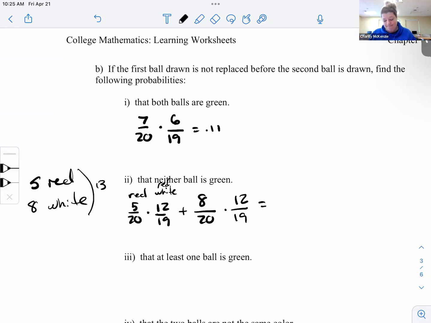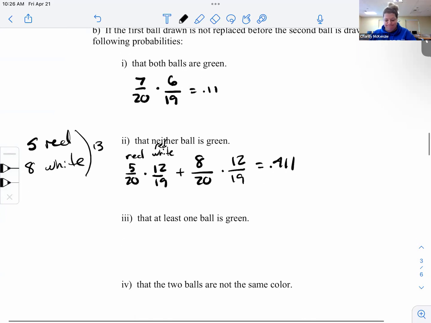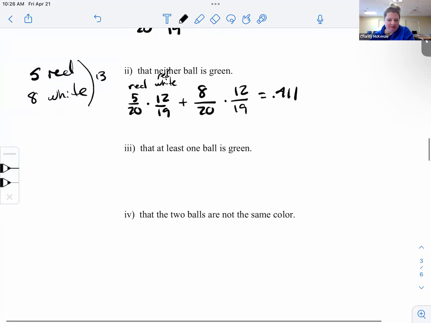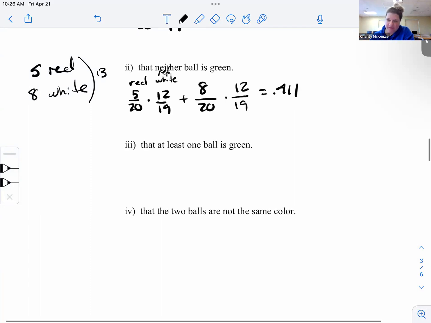Okay. 0.411 is the answer to that one. I'm second guessing theirs. If I come up with another way to do it, I'll show it next time. I just feel like there's more than one way to do that problem, which I'm sure there is.